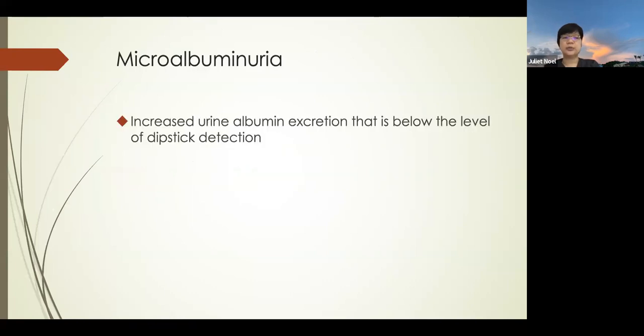Microalbuminuria is increased urine albumin excretion that is below the dipstick detection. Usually the dipstick detects it beyond 30, but less than 30, you don't see it on the routine dipstick.